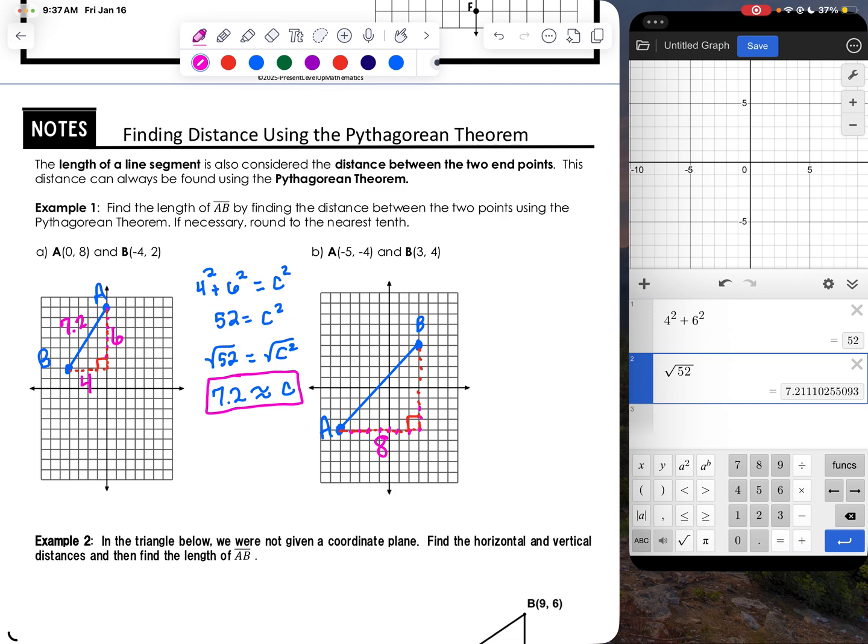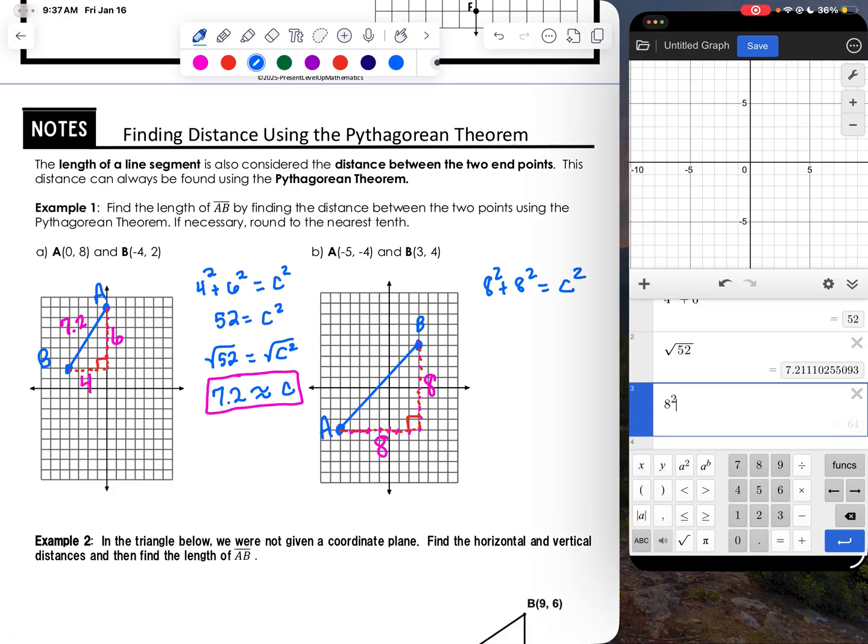Well, 1, 2, 3, 4, 5, 6, 7, 8. It is also 8. So now we can go back to our Pythagorean theorem, which says that 8 squared plus 8 squared is equal to c squared. So 8 squared plus 8 squared is 128, which is equal to c squared.